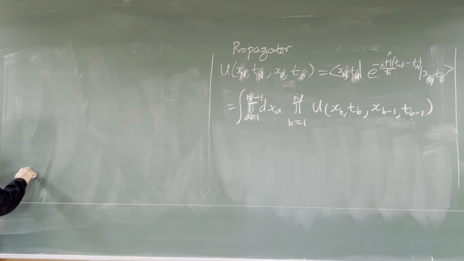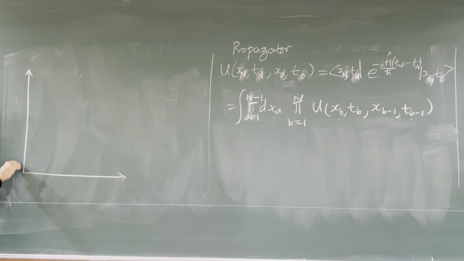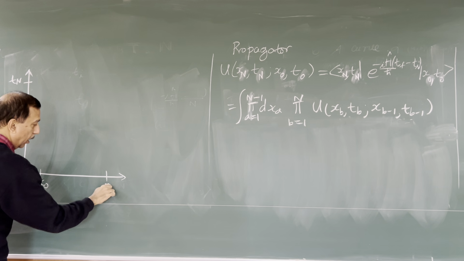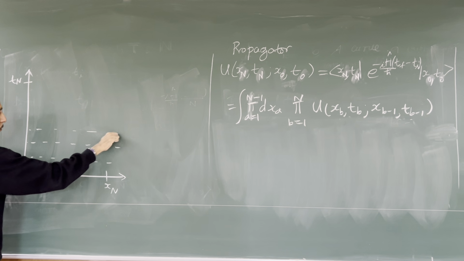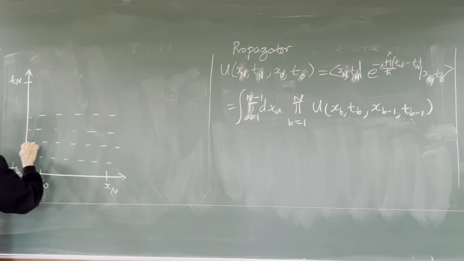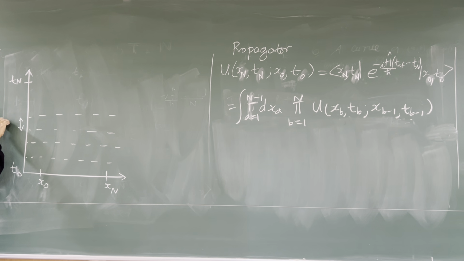So the picture now in the same diagram that I drew earlier has T0 here, Tn here, x0 here, xn here, and I have these dotted lines going all the way, and each of these is of size Tn minus T0 upon n.